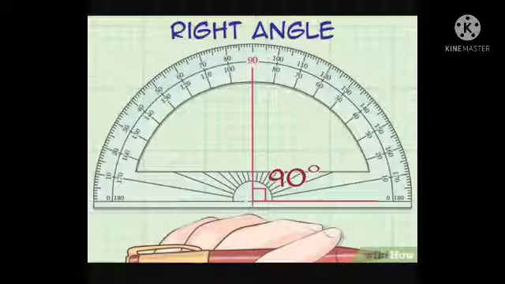I repeat what I said: in the protractor, the perpendicular angle is 90 degrees. The red angle shown here is clearly 90 degrees. This 90 degree angle is called a right angle.